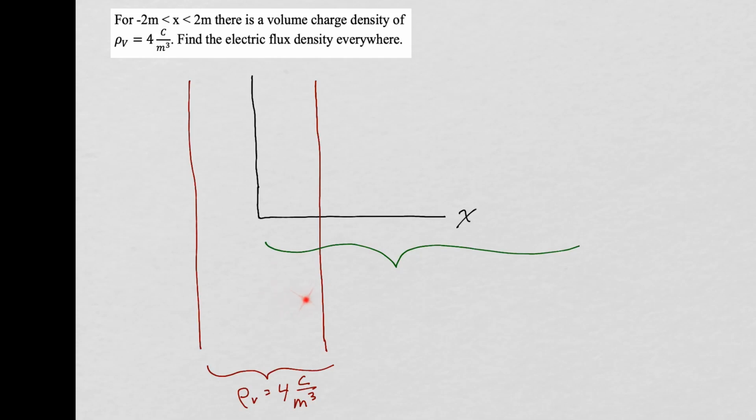If you think about putting a test charge in any of the region for x greater than 0, that test charge will experience a force only in the x direction. Similarly, if you think of the region for x less than 0, a point charge will only experience a force in the minus x direction.